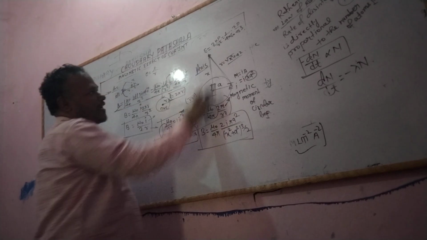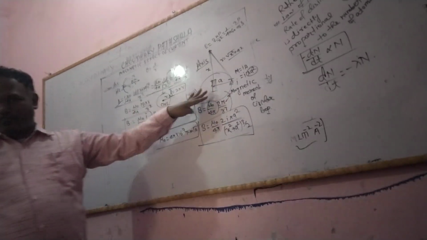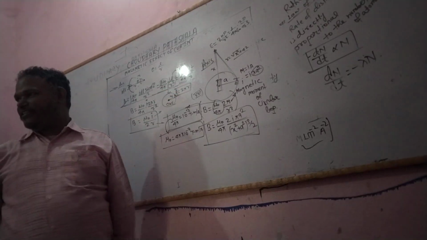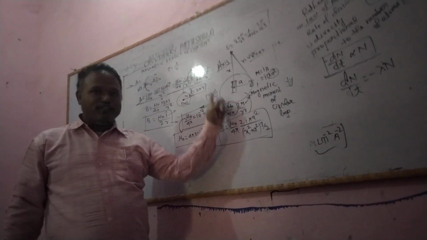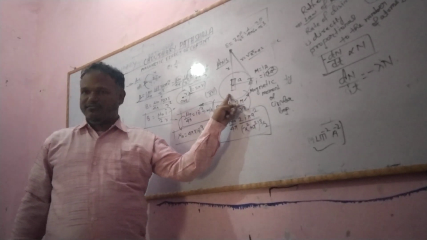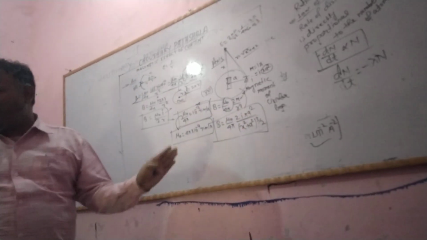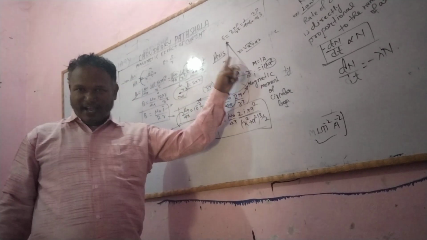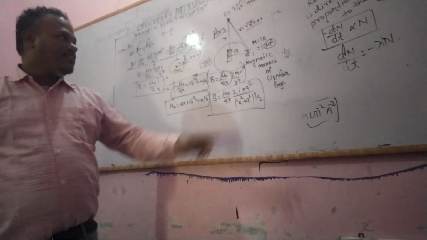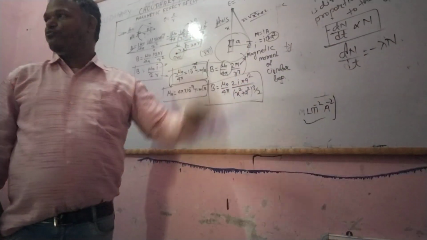If you compare these two results, then you will find that a circular loop also acts as a dipole. This is your electric dipole, and this is your magnetic dipole. And this is the magnetic moment, I into A.